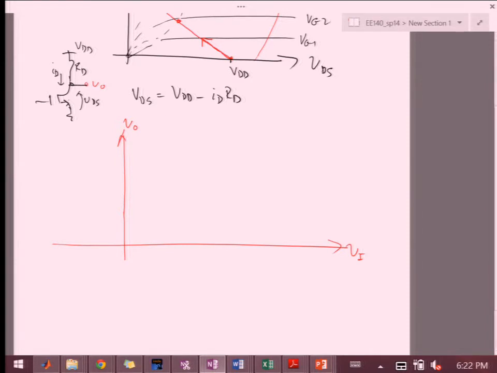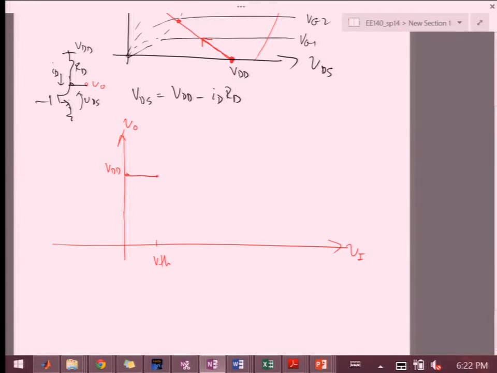If I'm drawing it in this space, let's say VTH is here. For VI smaller than VTH, I'm stuck at this point, at VDD, simply because there's no current flowing, so my output is pinned up to VDD.